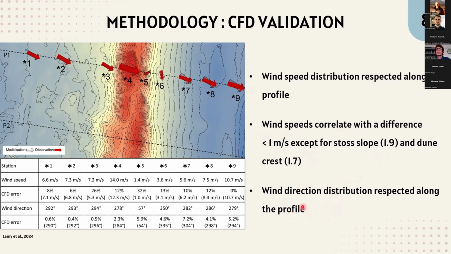For the wind direction, the wind direction distribution over the dune profile is also respected between the observation and modelization. Even in the most complex zone, as you can see here, in the zone of recirculation, we have a very good correlation of the wind direction.